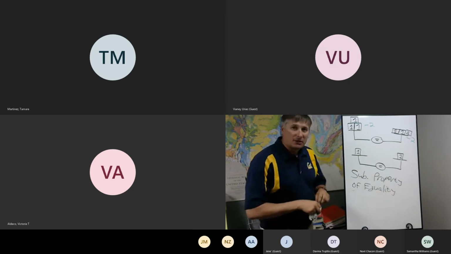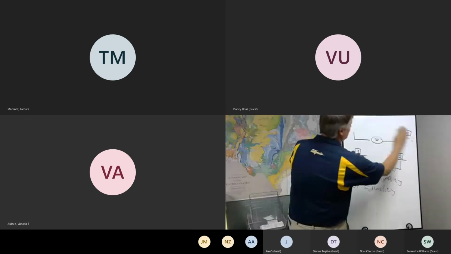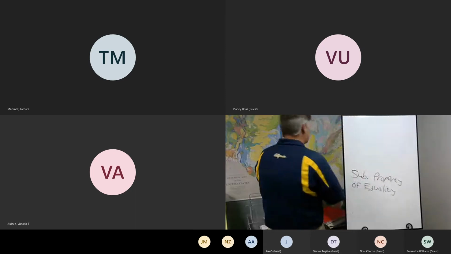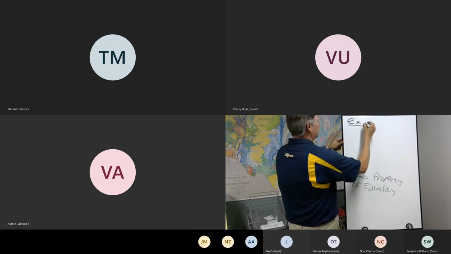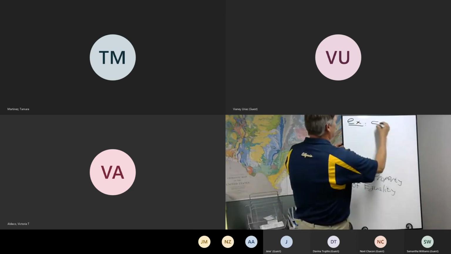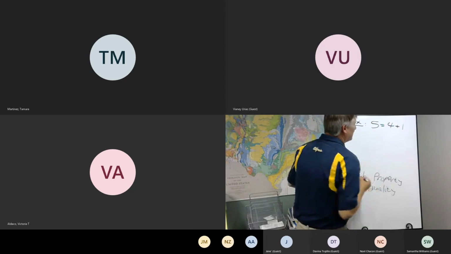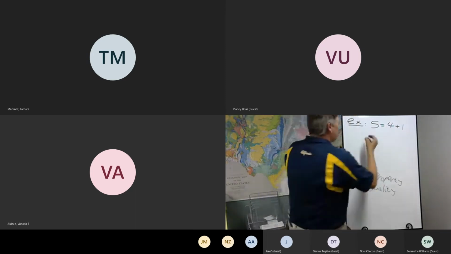So how does this look as an equation? Well, as an equation, you just subtract 2 from both sides of the equal sign. So 5 equals 4 plus 1. Same quantity on both sides.